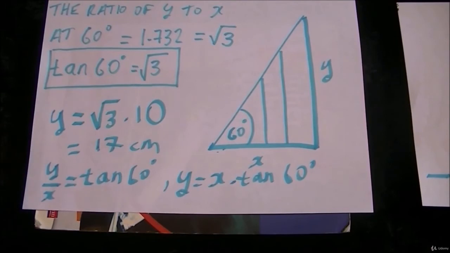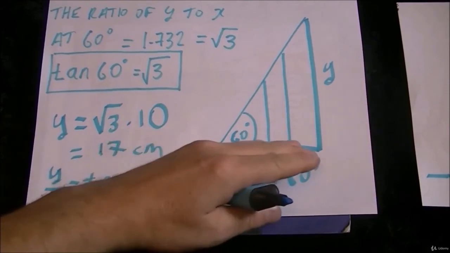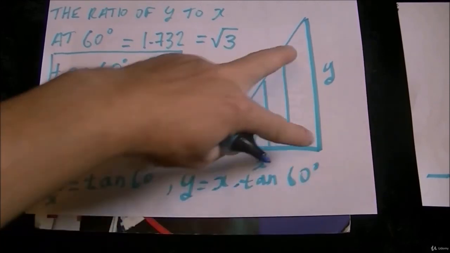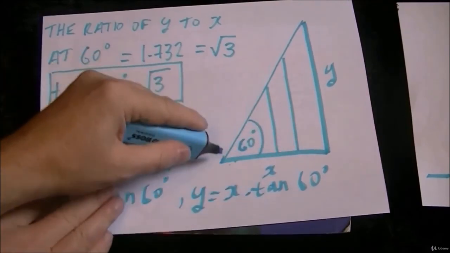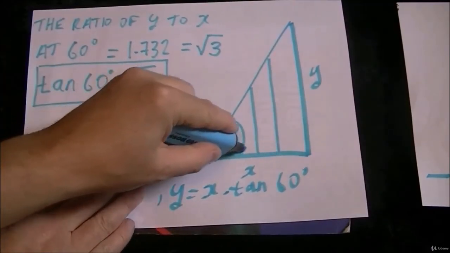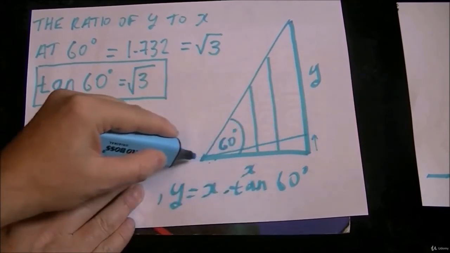Now, you could look at that and say, I could extend that to every angle. I could say, what's the tan of 1 degree? What's the ratio of y upon x for 1 degree? For 1 degree, it would be very, very small, because it would be this length here upon that whole length there.